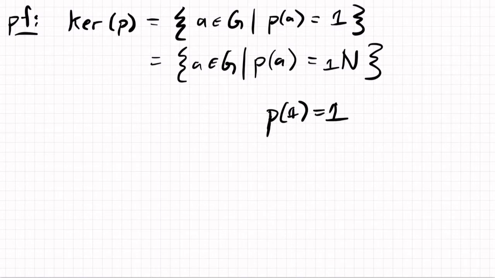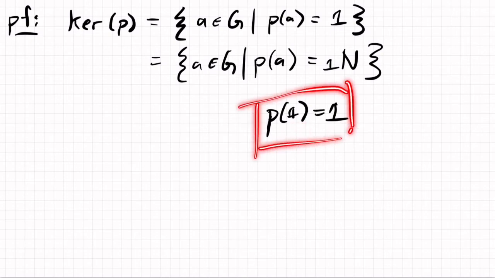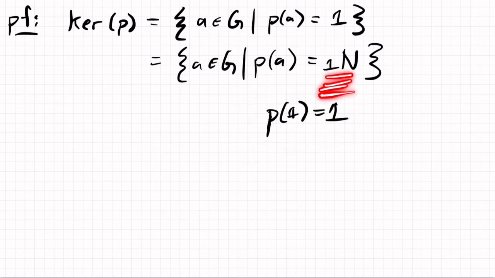Homomorphisms always follow the rule that they map 1 to 1. That was proved in an earlier video, and the thing that 1 maps to is precisely the coset of 1, which is, of course, just the subgroup N.